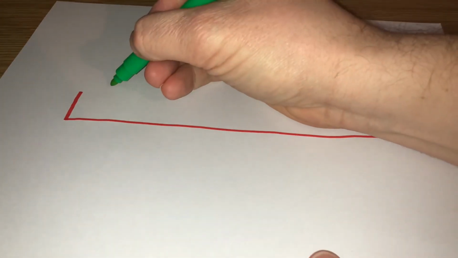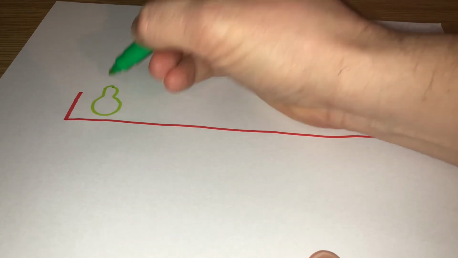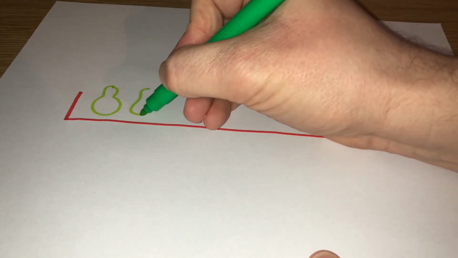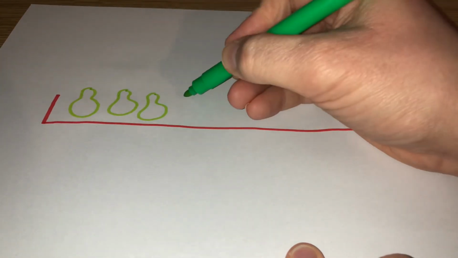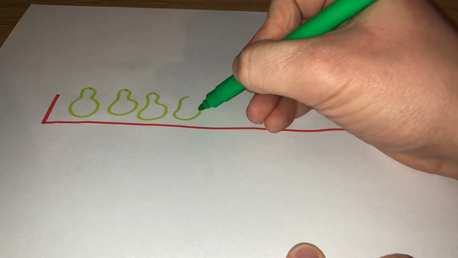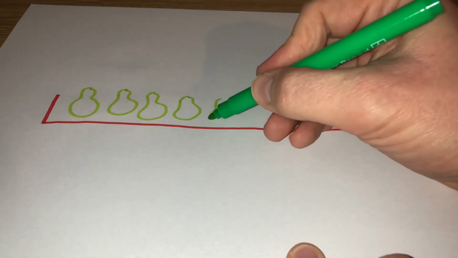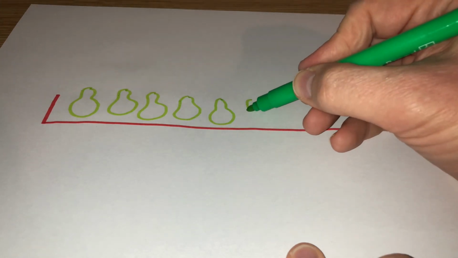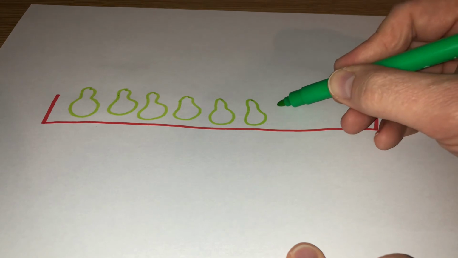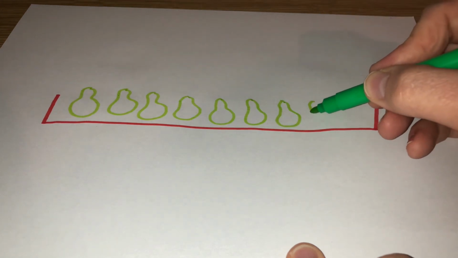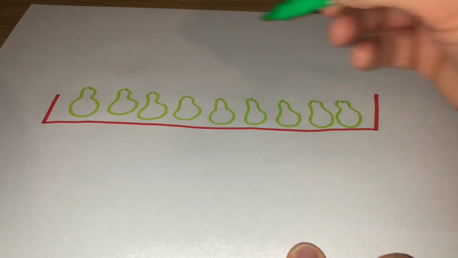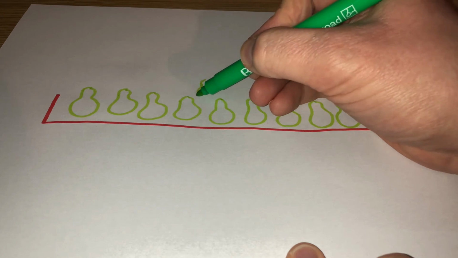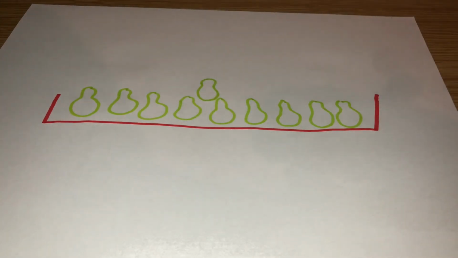So I'm just going to do 1, 2, 3, 4, 5, 6, 7, 8, 9. I'll put one over here as well. 10. So there were 10 pears in the snack tray. I'm going to write the number 10 to remind me.